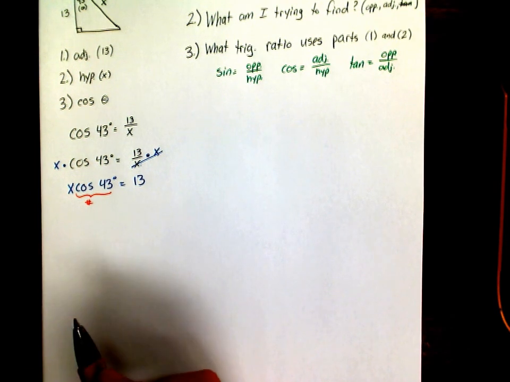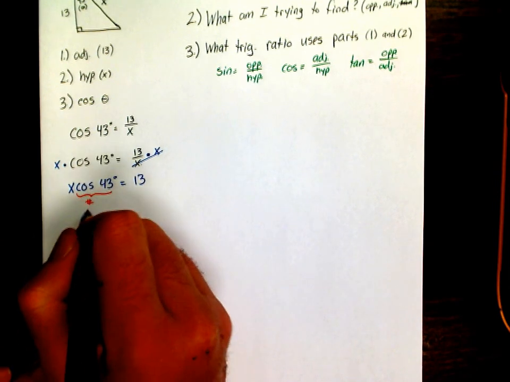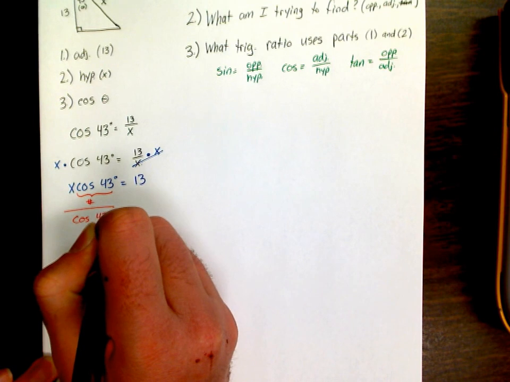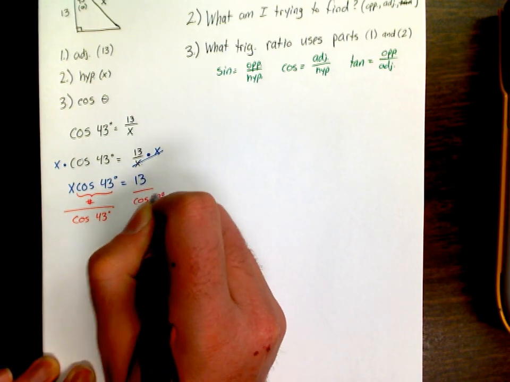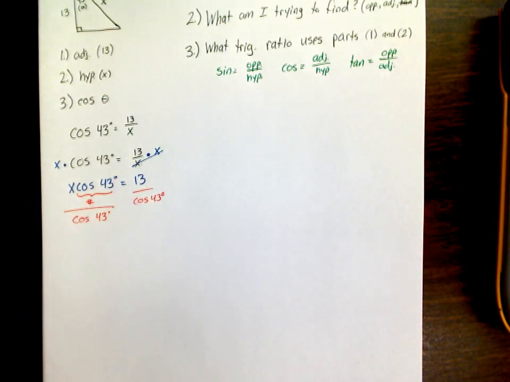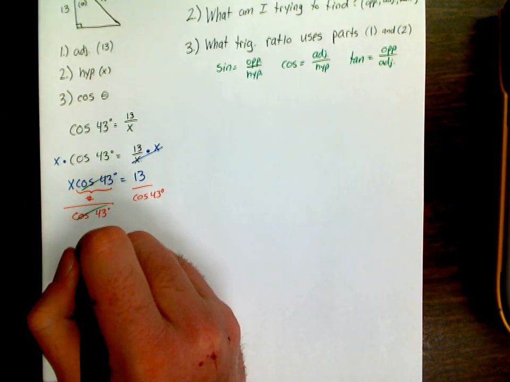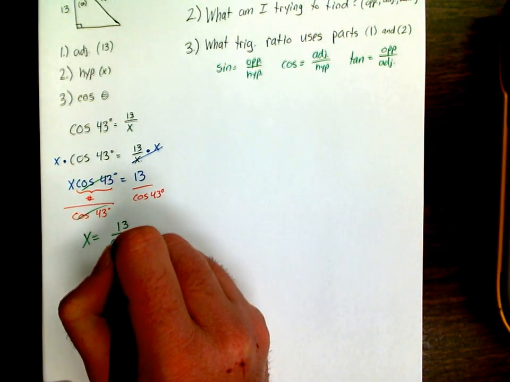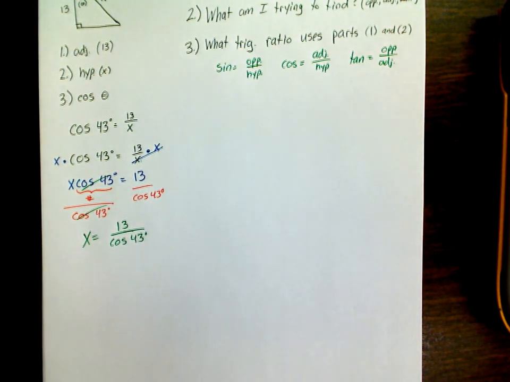I'm going to divide both sides by the cosine of 43 degrees, which means that they're going to cancel out. And I'm left with x is equal to 13 over the cosine of 43 degrees. Awesome. This is just a number that I can type into my calculator.